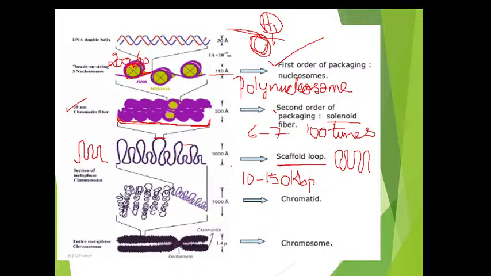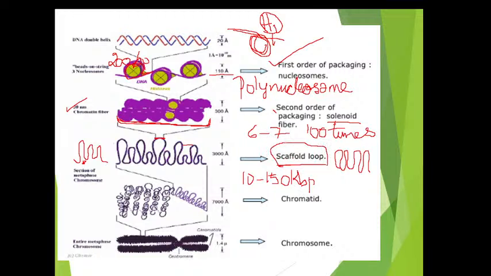There is a network of non-histone proteins associated with this scaffold formation. When a DNA has to undergo scaffolding or folding, many proteins are involved, the non-histone proteins to which the 30 nanometer fibers are attached as loops. These are the non-histone proteins or the scaffold proteins.